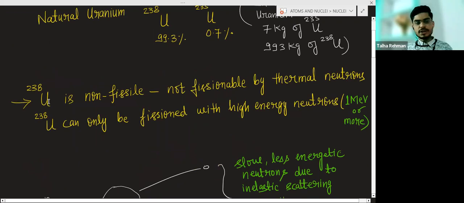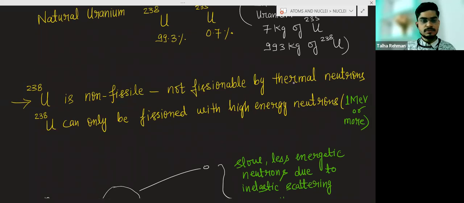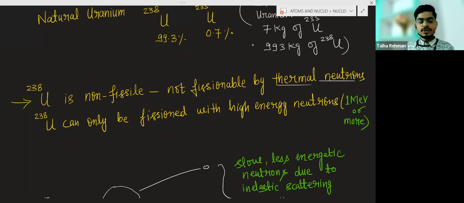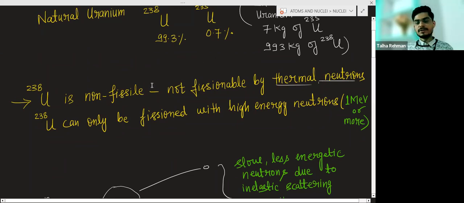Now you can see here, uranium 238 is non-fissile. So what is the meaning of non-fissile? Non-fissionable by thermal neutrons. So the fission of uranium 238 cannot be achieved by the thermal neutron. Thermal neutron means neutrons having less energy.